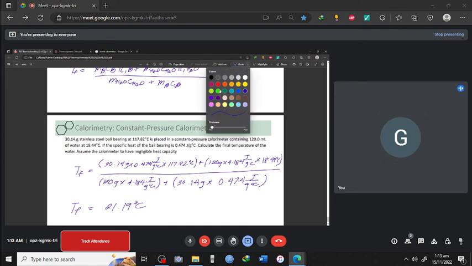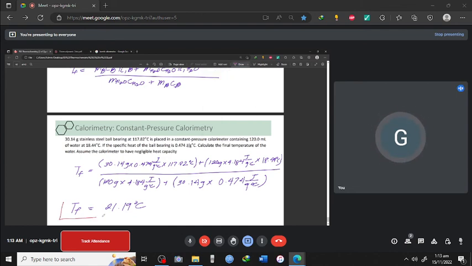Okay? Again, kahit na pinapahanap sa question is final temperature ng water, parehas pa rin ang temperature ni ball and temperature ni water at a certain point. Okay? So, etong final temperature na to ay para kay water and kay ball. Okay? Clarify natin. Hindi siya dapat ganito.